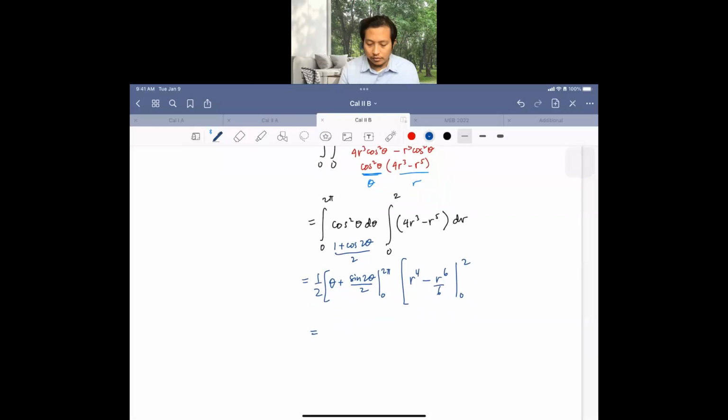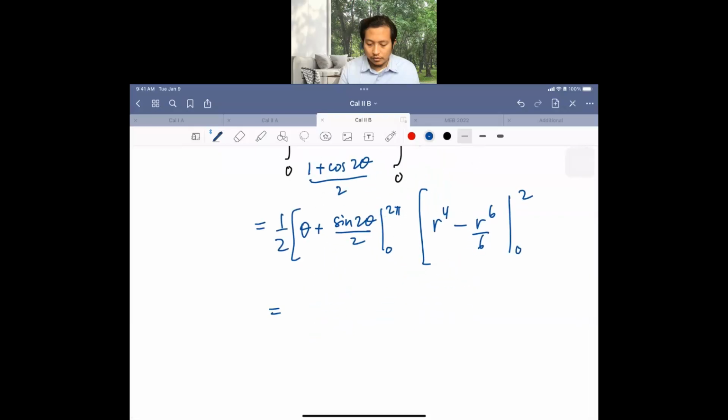And this will be 2 pi, and sine will be 0. So 2 pi times half, so pi, multiplied by 16 minus 32 divided by 3, right? So it will be 48 minus 32, which is 16 over 3 pi.